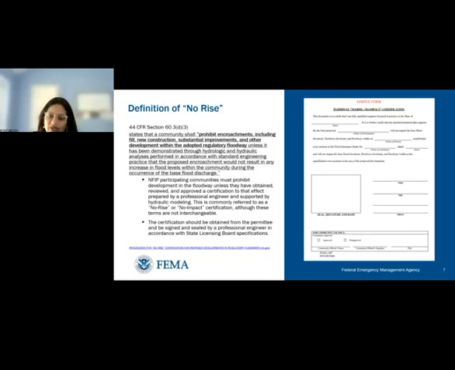So that's the requirement. The NFIP standard for no-rise is 1 foot, and it is a minimum standard. The certification should be signed and sealed by a professional engineer in the state or the territory. So that's the definition of no-rise.